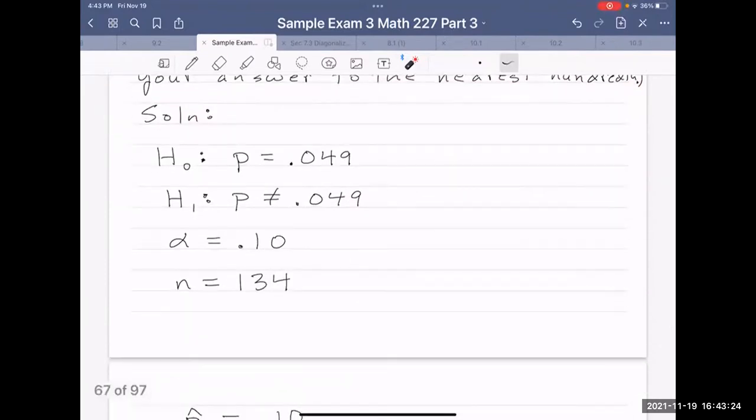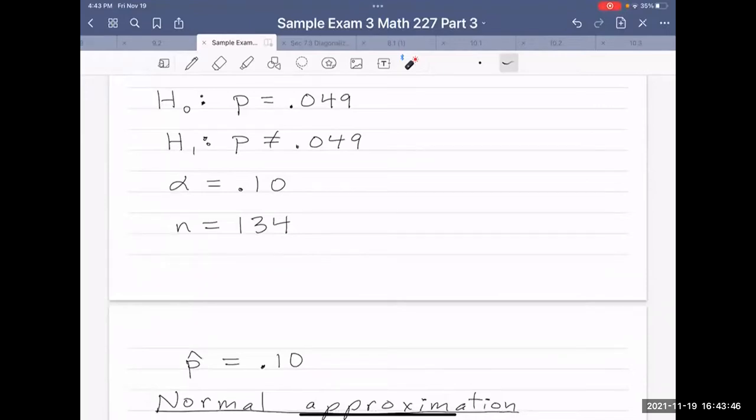So the null hypothesis is that the population proportion is equal to 4.9%, 0.049. The alternative hypothesis is P is not equal to 0.049. Let's use the level of significance of 10%, so alpha is 0.10.